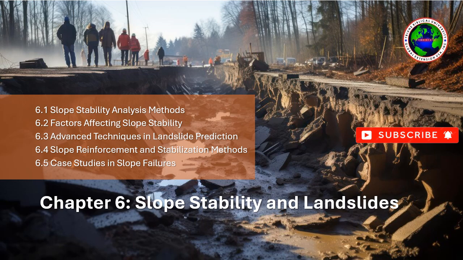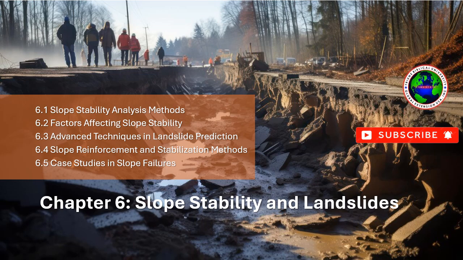applications. Chapter 6: Slope Stability and Landslides. 6.2 Factors affecting slope stability. Slope stability is a critical concern in geotechnical engineering, especially in areas prone to landslides, erosion, or other types of ground failure.